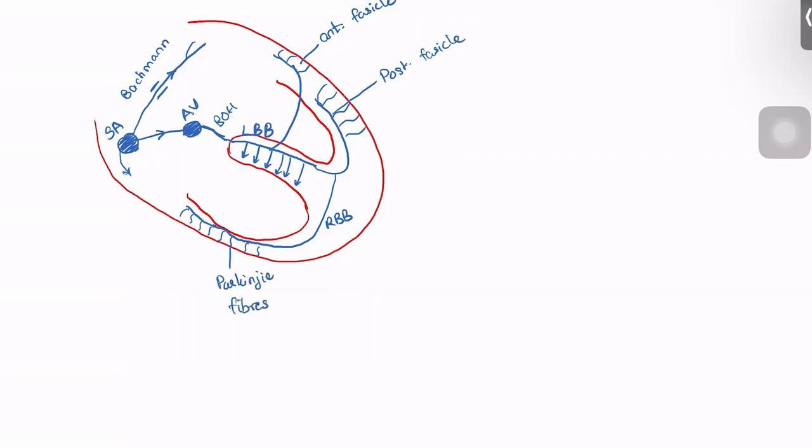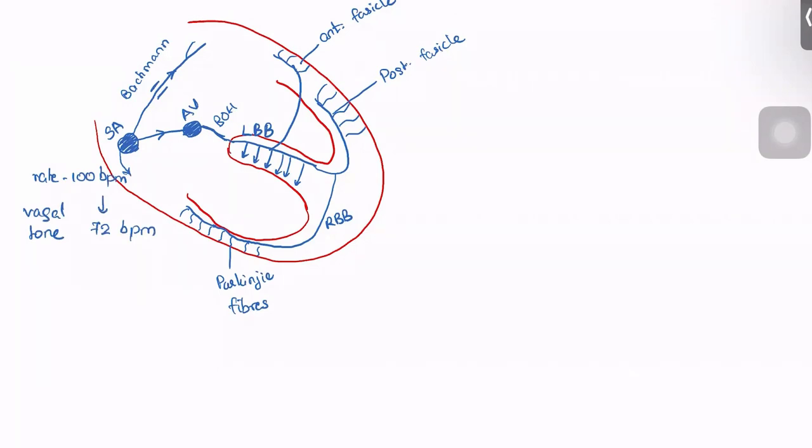The SA node usually depolarizes at a rate of 100 beats per minute, but in most people the heart rate is less than 100 because the SA node is always under vagal tone. Because of the vagal tone, the heart rate reduces to about 72 beats per minute.